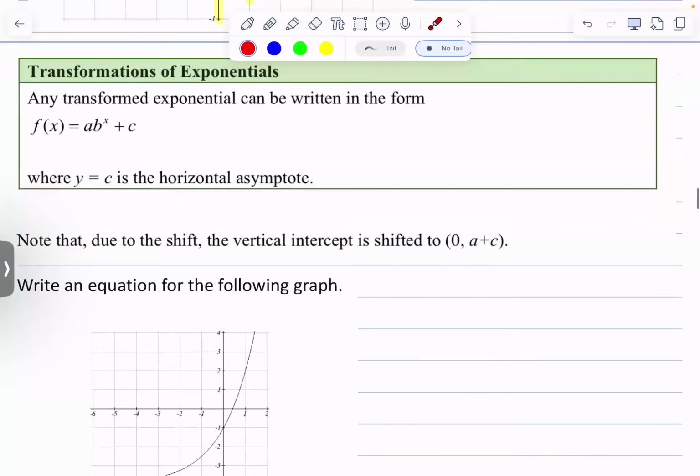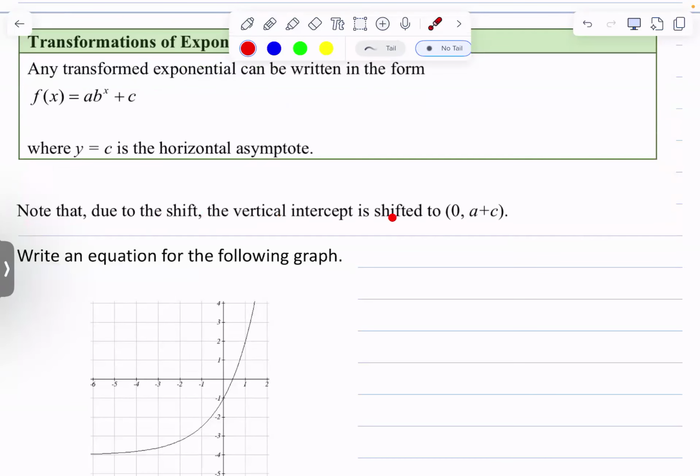And so what that means is that the vertical intercept is then shifted to a plus c. Right? And so it can go up or down depending on where the horizontal asymptote is.